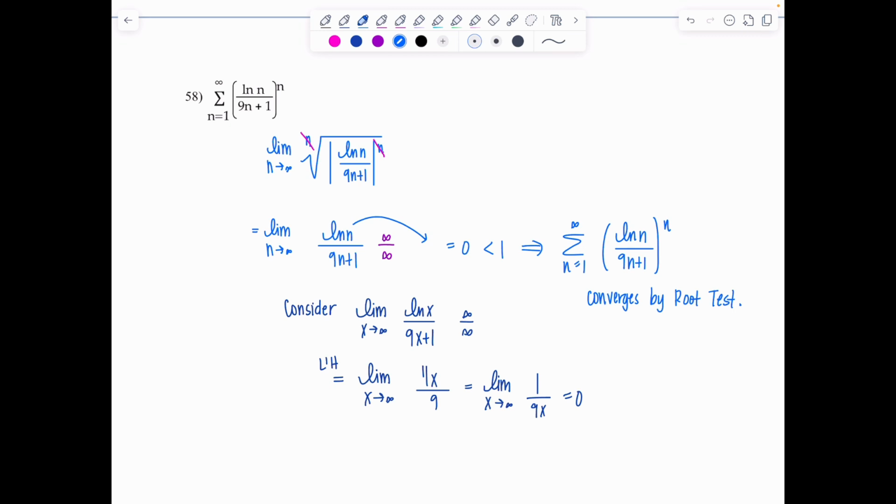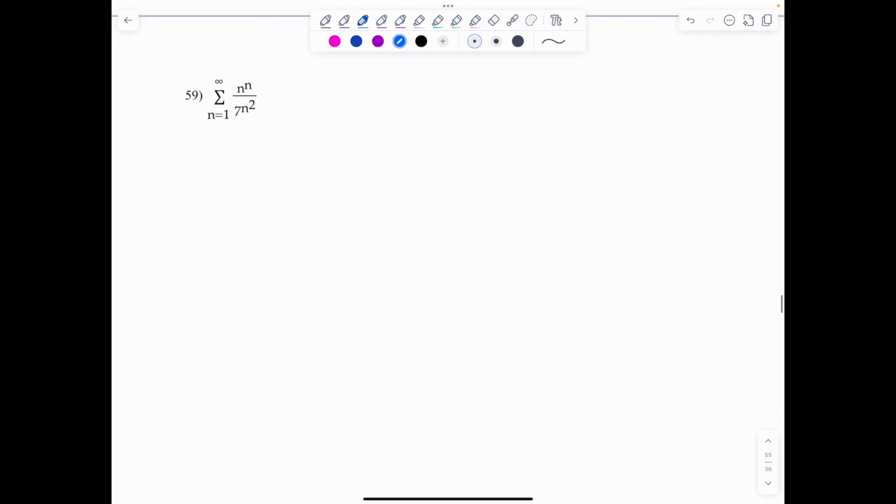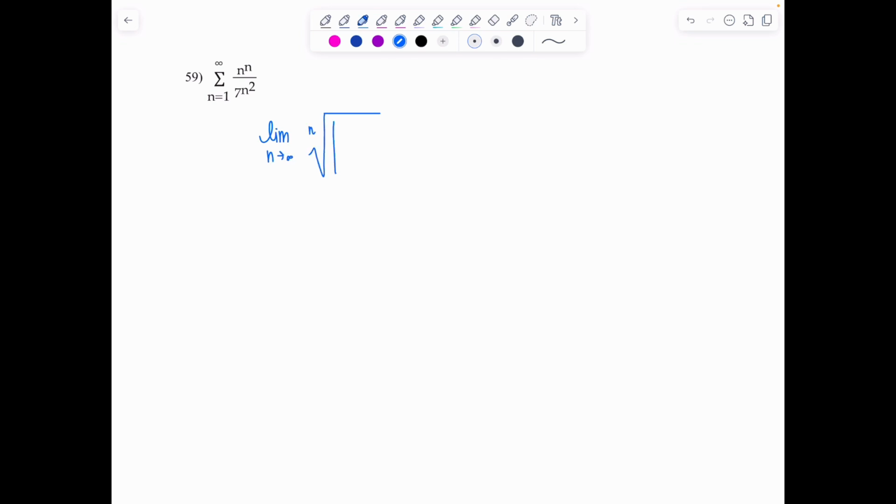More root test fun. Like I said, we've got 100 questions total here. Another one: limit n goes to infinity, nth root of the absolute value of n to the n over 7 to the n squared. Again, I don't need to keep the absolute value bars. Remember, taking the nth root is the same as raising something to the 1 over n.